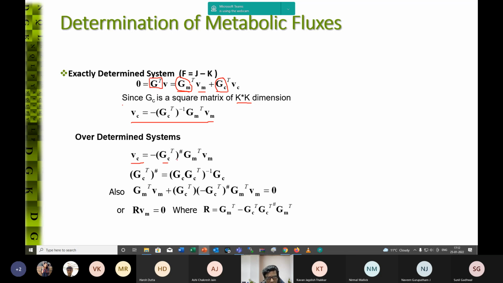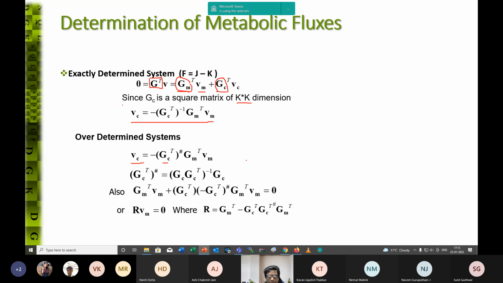What will happen is you'll have to pre-multiply by the GC transpose first, and then take this combined structure and use that to find the inverse on both sides. So is that clear? Or do I have to work it out for you? So it's clear. All right.